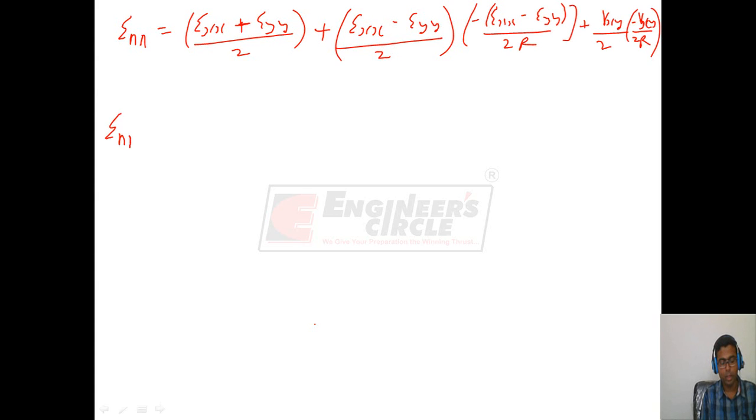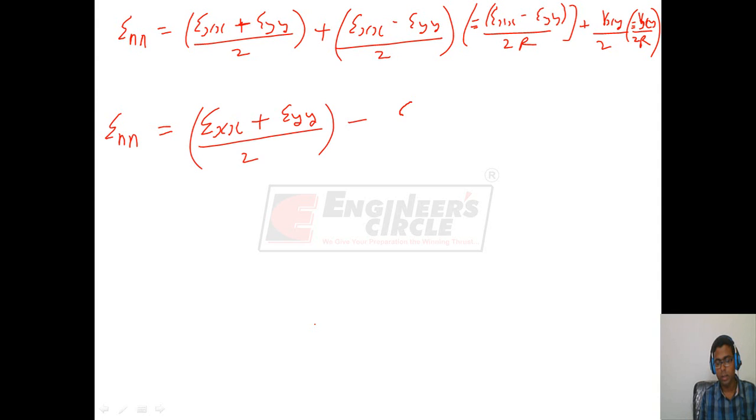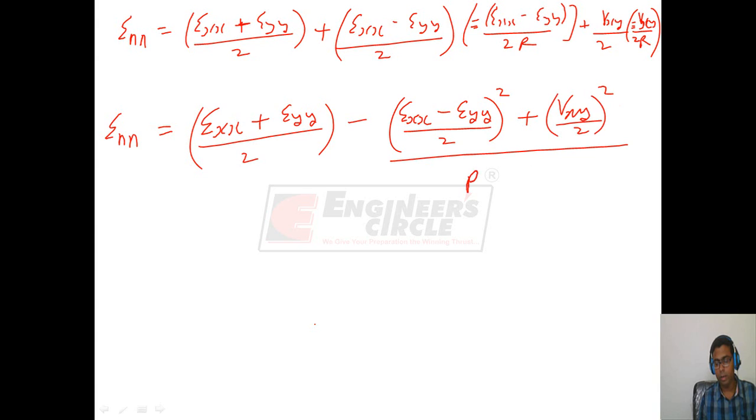Simplifying, we get epsilon nn as equal to (epsilon xx plus epsilon yy) by 2 minus, this is minus and this is also minus, so minus can be taken out. We get minus [((epsilon xx minus epsilon yy) by 2) whole square plus (gamma xy by 2) whole square] divided by r.